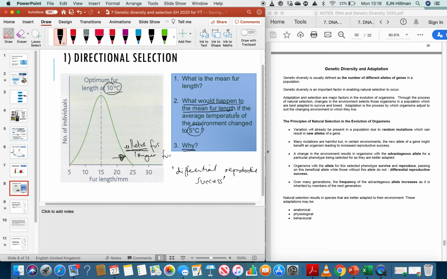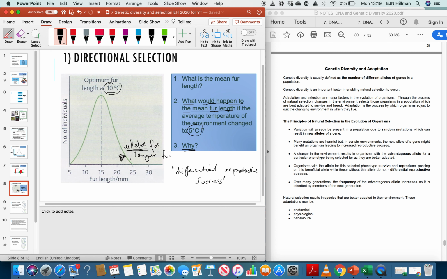We've explained what would happen if the average temperature decreased. So we've got an environmental change, decrease in temperature. What effect would that have on the fur length? Now these individuals here with the alleles for longer fur reproduce more often, survive for longer, pass on more of those advantageous alleles for longer fur.